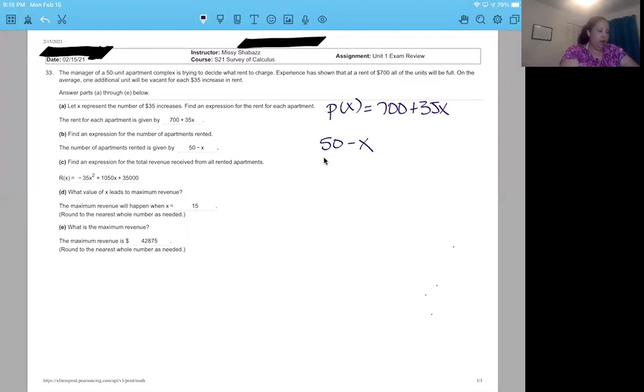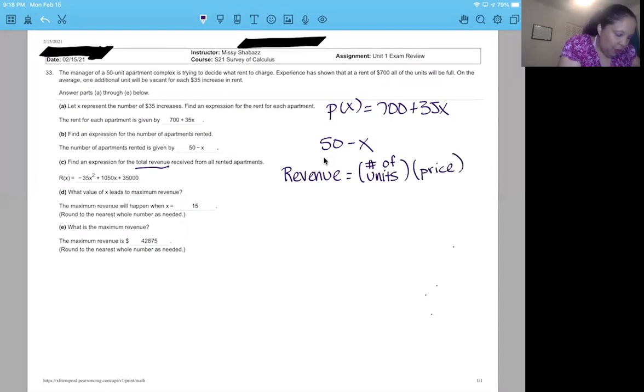All right, so we want to find a revenue function. And remember, revenue is going to be the number of units times the price. So in our case, our number of units is 50 minus x, and the price is 700 plus 35x.